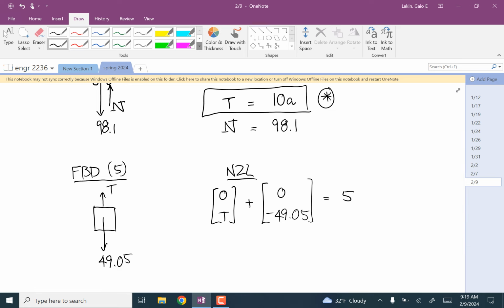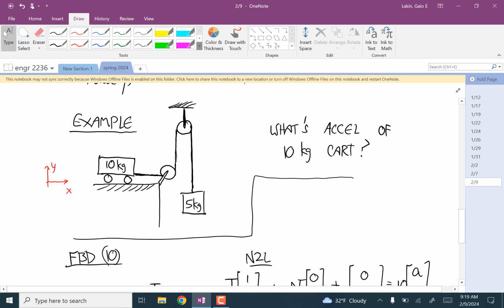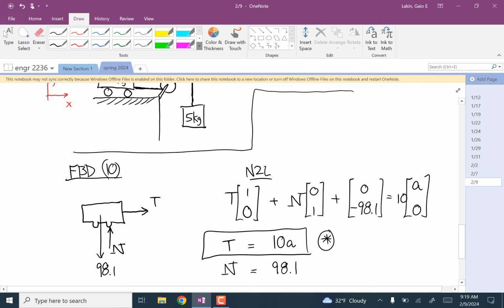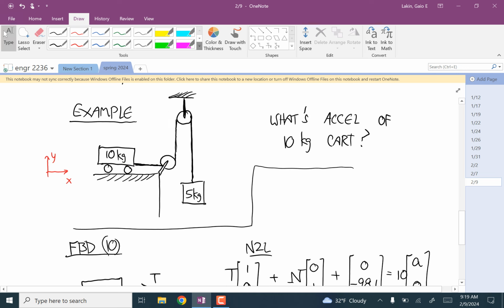We don't have to think about which it is. I'll just write this as a, 5 for now. But then we have to think about the relationship between the acceleration of the 10 and the acceleration of the 5. Can anyone tell me, if you assume that this a is positive, then that 10 kilogram cart is accelerating in the positive x direction. Which way would the 5 kilogram mass go?